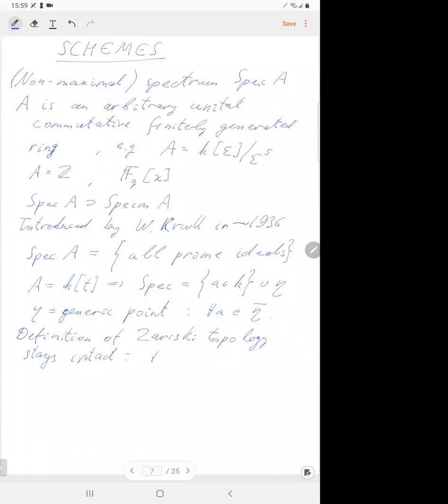So the closed subsets are Z of I for any ideal I, and the Z of I is the set of prime ideals P, sorry, such that P contains I. Okay, so this eta, for example, corresponds to the zero ideal, right?